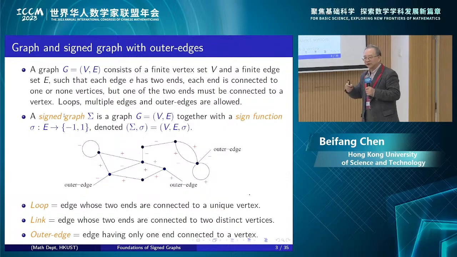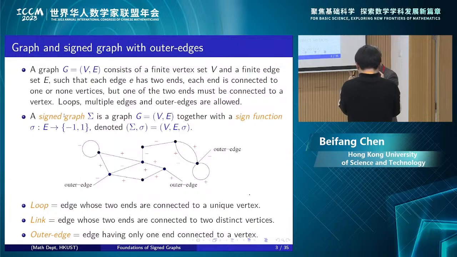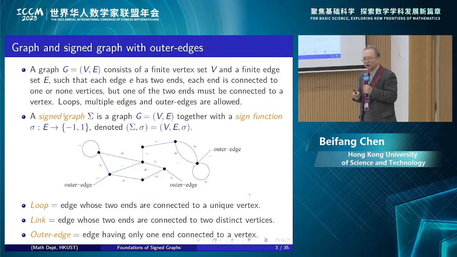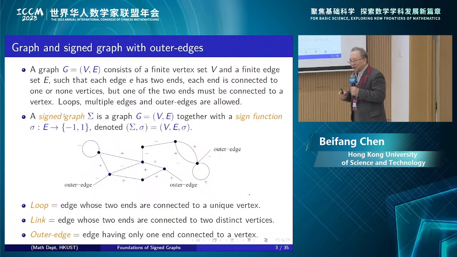If an edge is attached to two vertices that are the same, this edge is called a loop. If it's connected to distinct vertices, this is called a link, which is the ordinary edge. Now, if this edge is connected to only one vertex, traditionally in the history this is called a half edge, but here it's better to call it an outer edge. So from now on, an edge connected to only one vertex is called an outer edge.